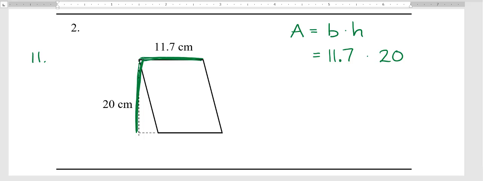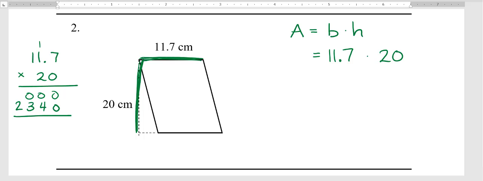If not, I'm going to go over here and do 11.7 times 20. Row of zeros. Put a placeholder. 2 times 7 is 14. 2 times 1 is 2 plus 1 is 3. 2 times 1 is 2. Now I need to add that.